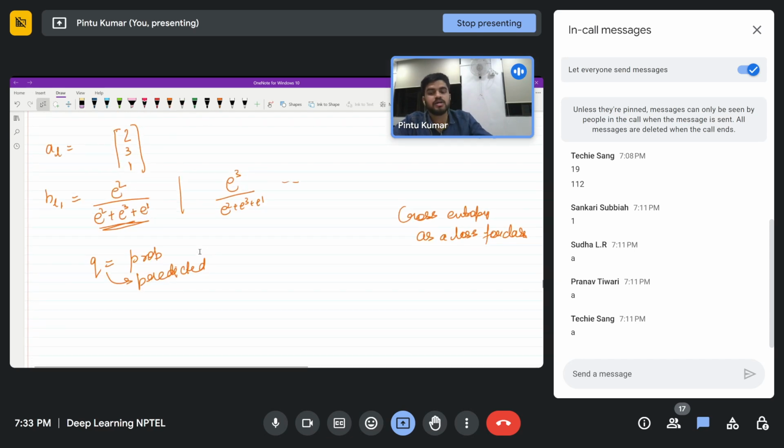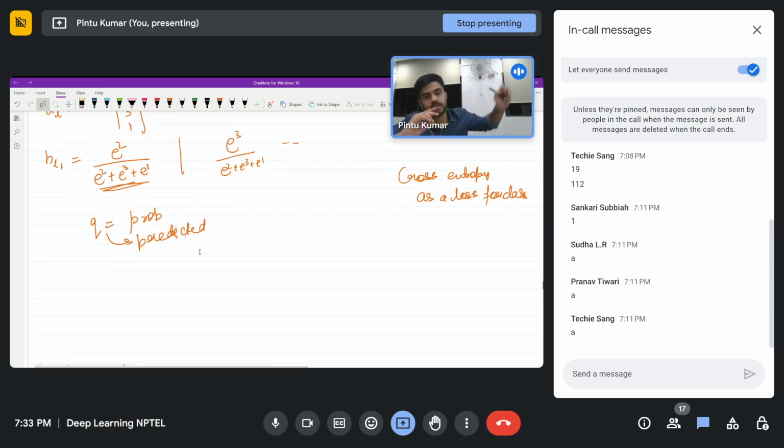So I have obtained output in the form of a probability, but to use cross entropy, I should also have my true labels in the form of a probability distribution. So let's say some y is cat.